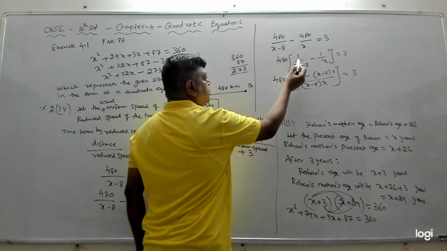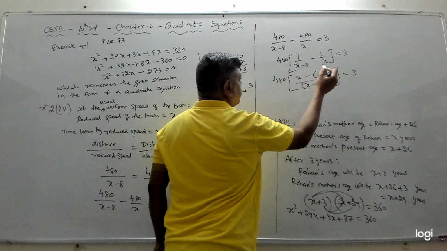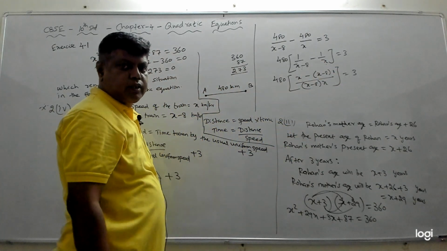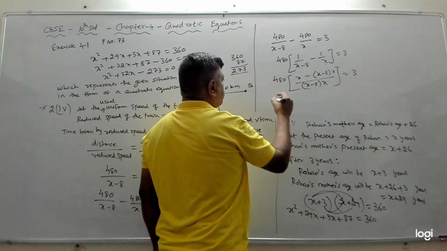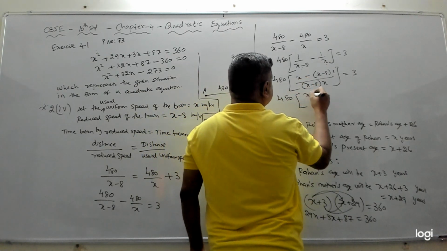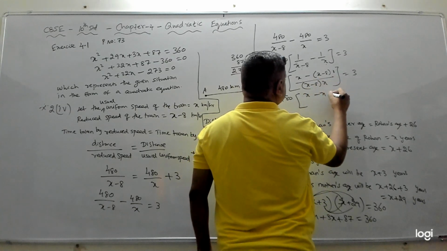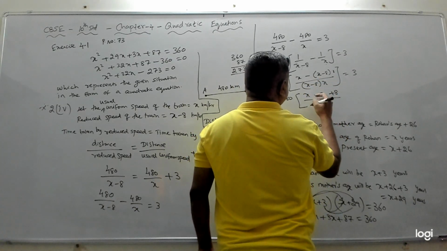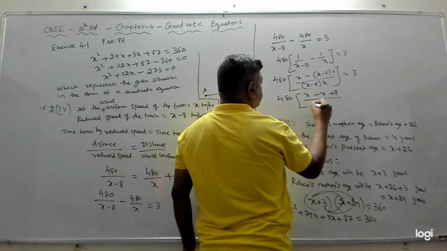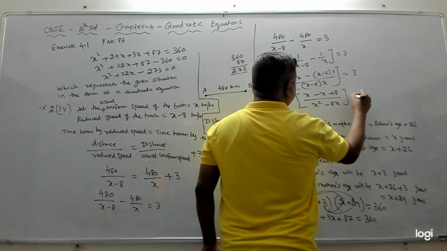So you will do this into this minus this into this by x minus 8 into x. Normal fraction subtraction. So now this becomes 480 into x minus into x is minus x, minus into minus is plus 8, by multiply x into x is x square, minus 8 into x is minus 8x equal to 3.